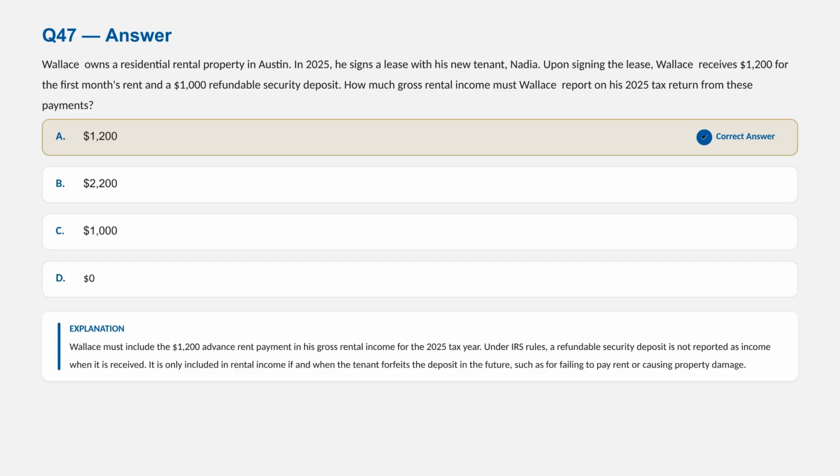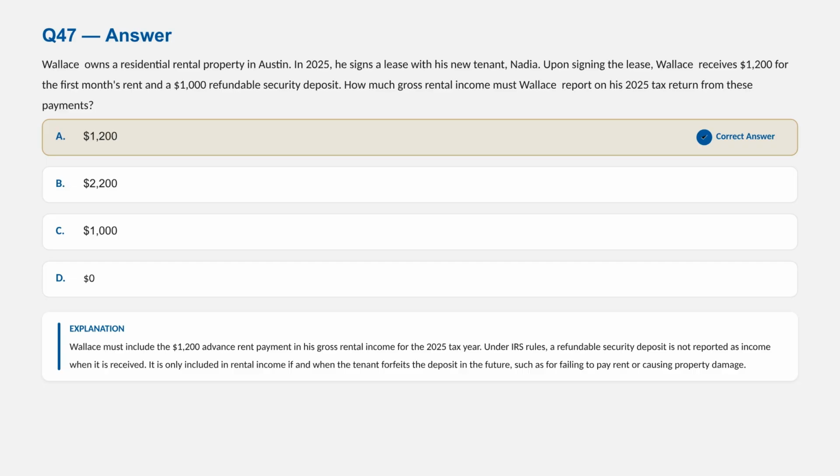Wallace must include the $1,200 advance rent payment in his gross rental income for the 2025 tax year. Under IRS rules, a refundable security deposit is not reported as income when it is received. It is only included in rental income if and when the tenant forfeits the deposit in the future, such as for failing to pay rent or causing property damage.